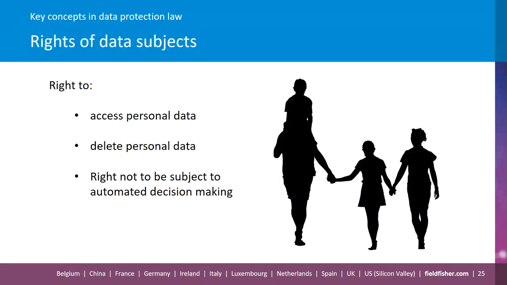Say, for example, if your employer has mistreated you and you've had to leave your job, you can ask for access to the data that your employer holds about you, in order to consider whether or not you need to go to a tribunal, perhaps, in order to enforce your rights in the employment law context. And so the right of access to personal data is really important in order to allow you to enforce those other rights in the employment sphere.